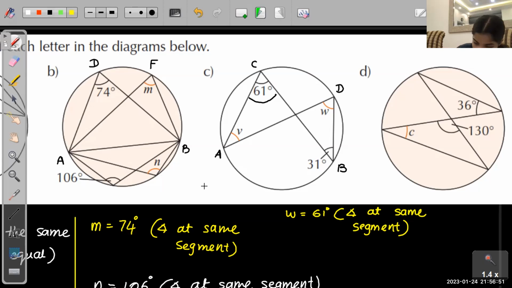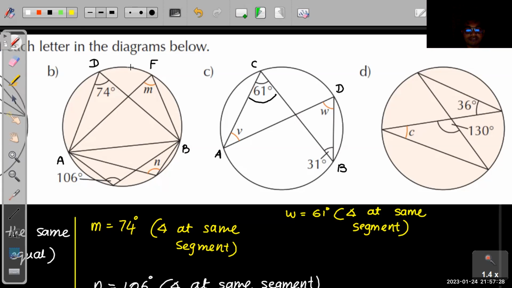So with this, 61 would be the same. For the other angle it would be V as the same.